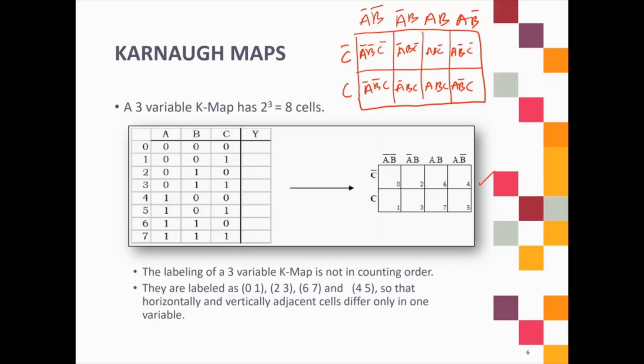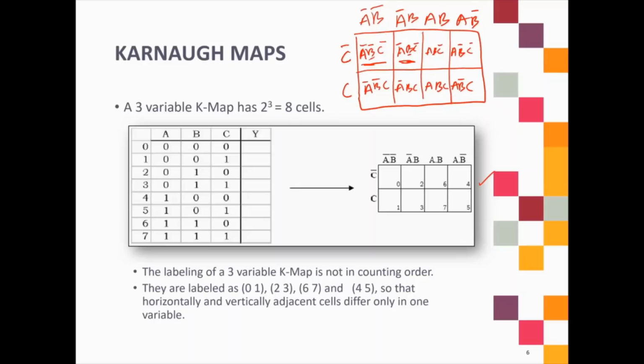So what is the meaning of the adjacent cell? Horizontally and vertically adjacent cells must differ by only one variable. For example, referring to this cell and this cell, only B is different, because A and C are the same. Here you have A bar, here also you have C bar.